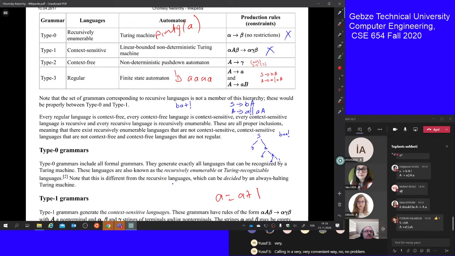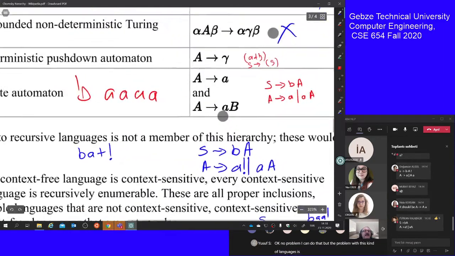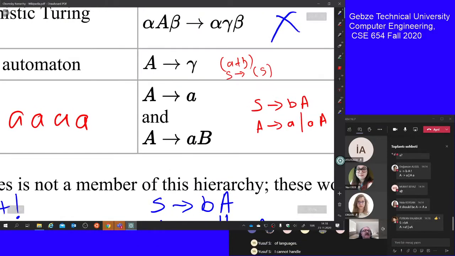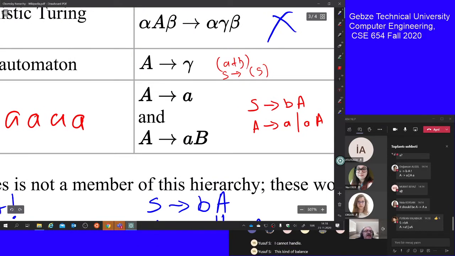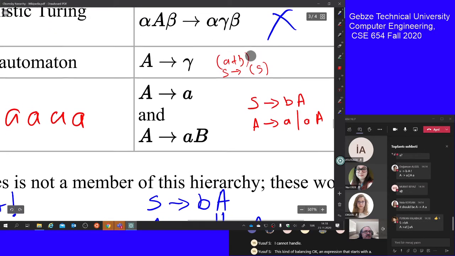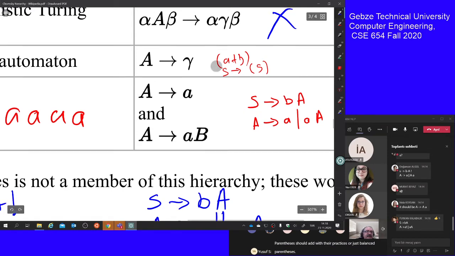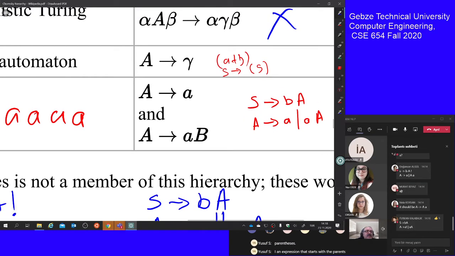But the problem with this kind of language is I cannot handle this kind of balancing. An expression that starts with a parenthesis should end with a parenthesis, or just balance the parentheses. I cannot do that kind of stuff.